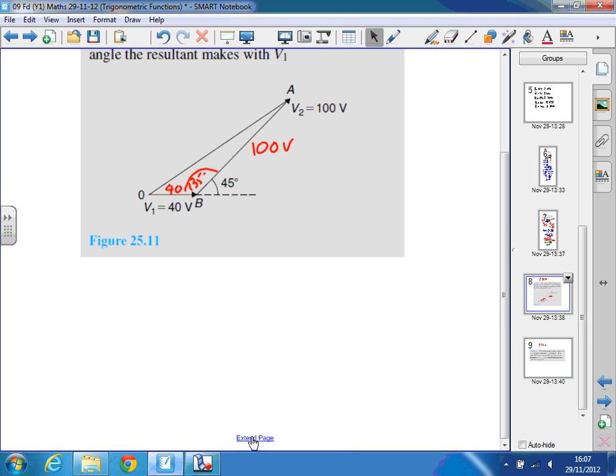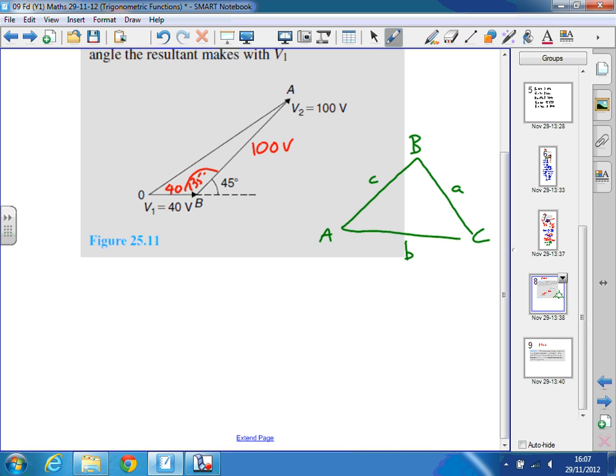In this example, the sine and cosine rule assume we've labelled the angles A, B, C. So therefore that's side a, side b and side c. That's the convention for labelling these sides in the triangle.